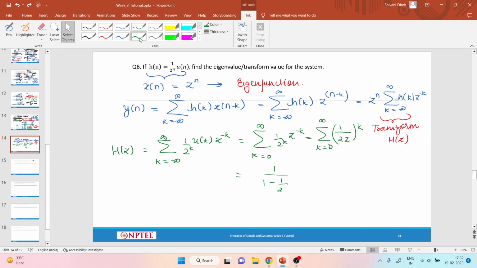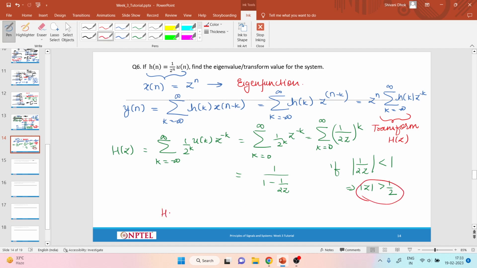This is valid if mod of 1 upon 2z is less than 1, that is, mod of z is greater than 1 by 2, and the series will not converge if this condition is not satisfied.